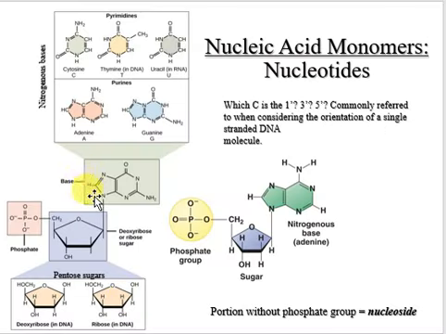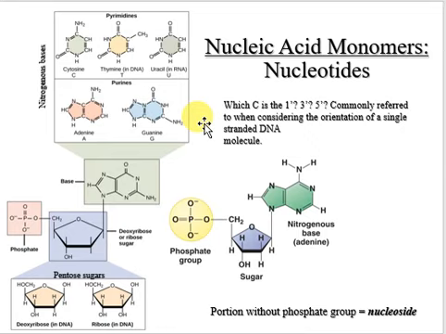Now, going back to the nitrogenous bases on nucleotides, there are 2 categories of nitrogenous bases. You have pyrimidines and purines. Pyrimidines are 6-sided rings, and there are 3 kinds. You have cytosine, thymine, and uracil.